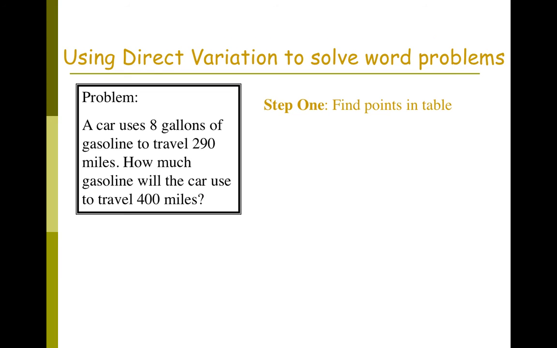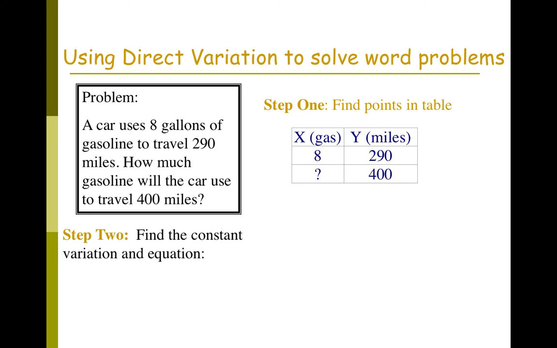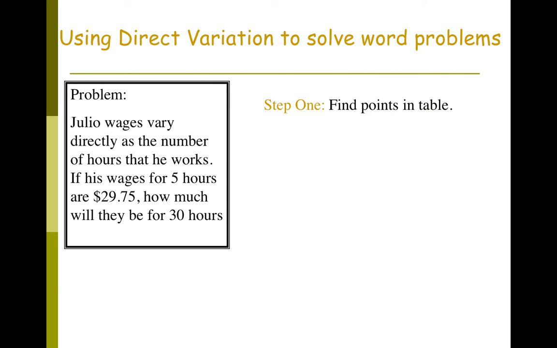A car uses 8 gallons of gas to travel 290 miles. How much gas will they use to travel 400 miles? Well, I'm going to just tell you it's a direct variation. So if you know it's a direct variation, you can make your table, find your constant, and then use your equation to find your unknown.